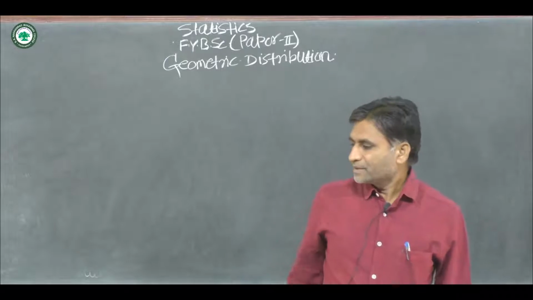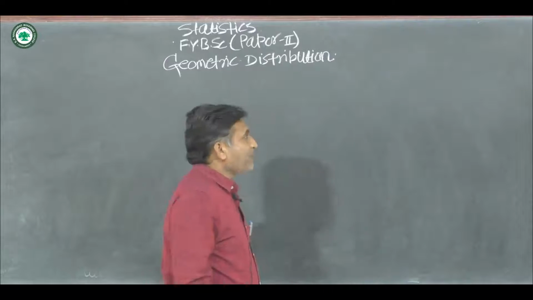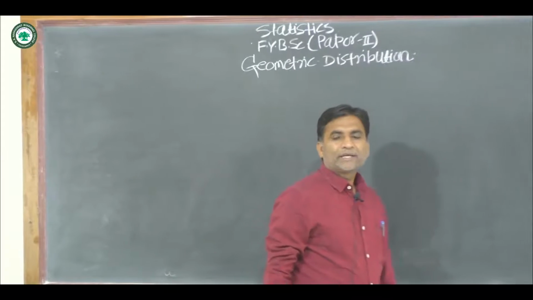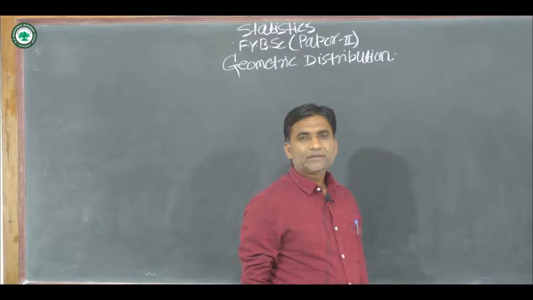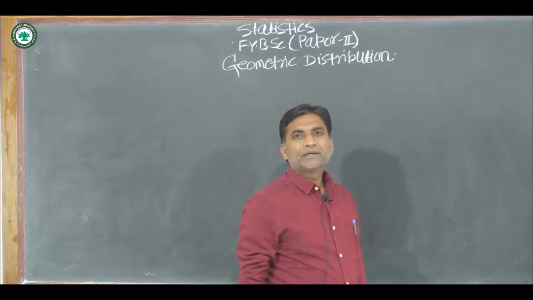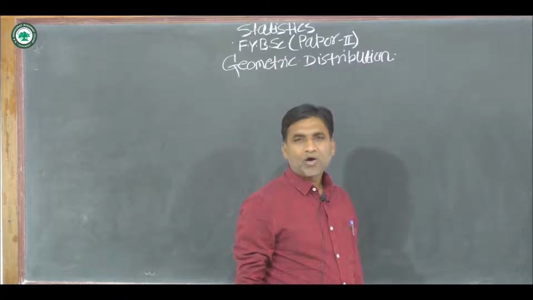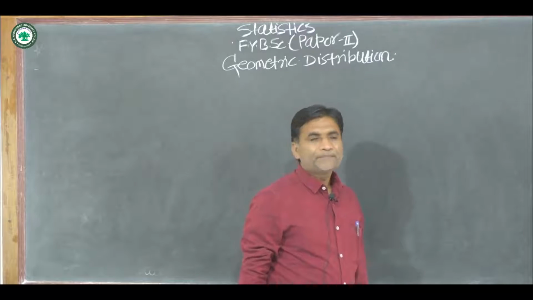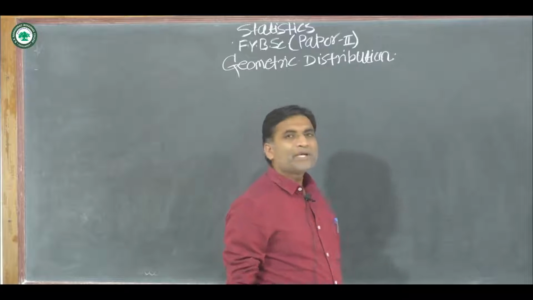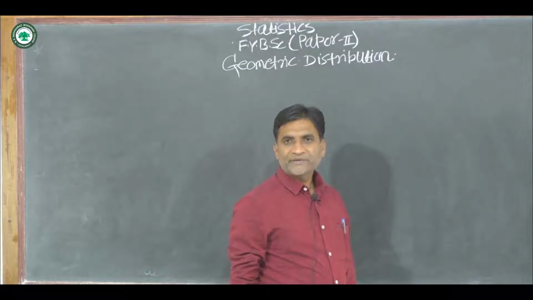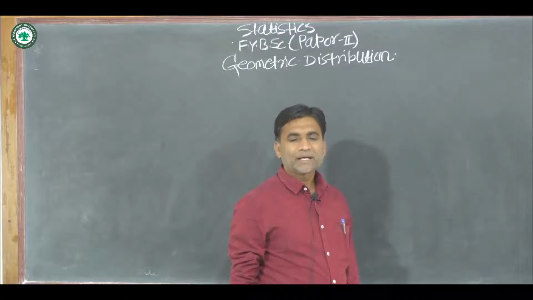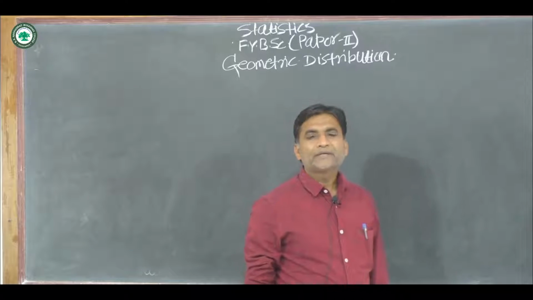Now the concept of geometric distribution is that suppose a coin is tossed till a head occurs for the first time. Then the head may occur at the first trial or second trial or third trial and so on.